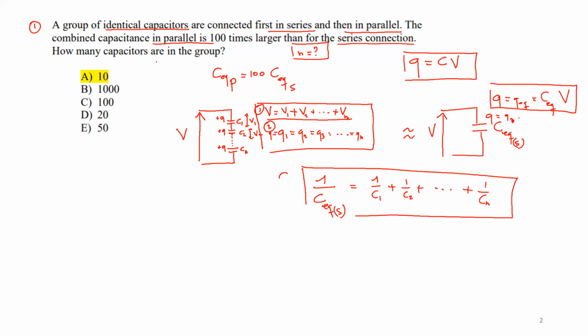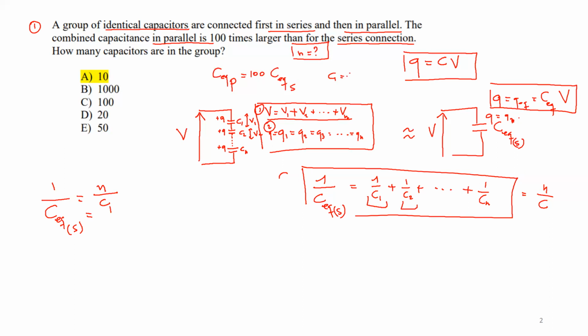So if I put them in series connection, let's say 1 over the C equivalent in series. Now all the capacitances are the same, so this is the same as the rest, and I have n times 1 over C, or C1 if you want.